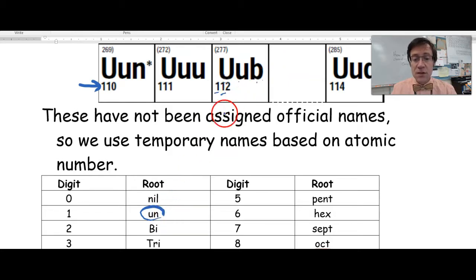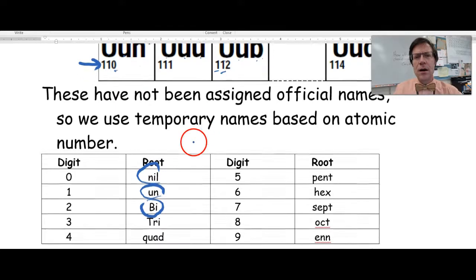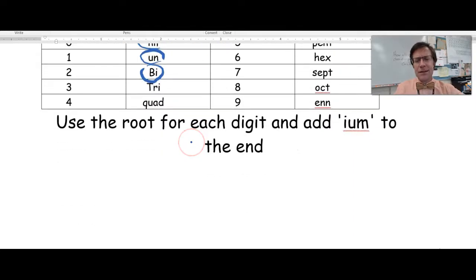And then the prefix for 2 is bi, and then you end it with nium. So this is binium. This is unium. And this is zero, nil, nilium. So anyway, there's silly names, but they're only temporary. So yeah, that's why that's there.